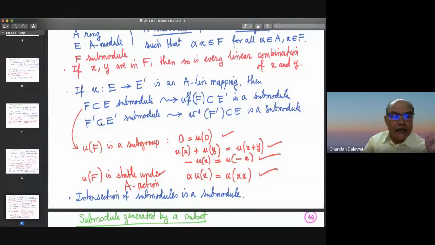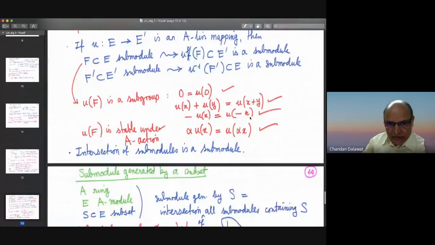Similarly, if I have a submodule F prime of E prime, I can take its inverse image, u inverse of F prime. That's a subset of E, and the claim is that it's actually a submodule. All these claims are very easy to verify. They follow from the definitions.